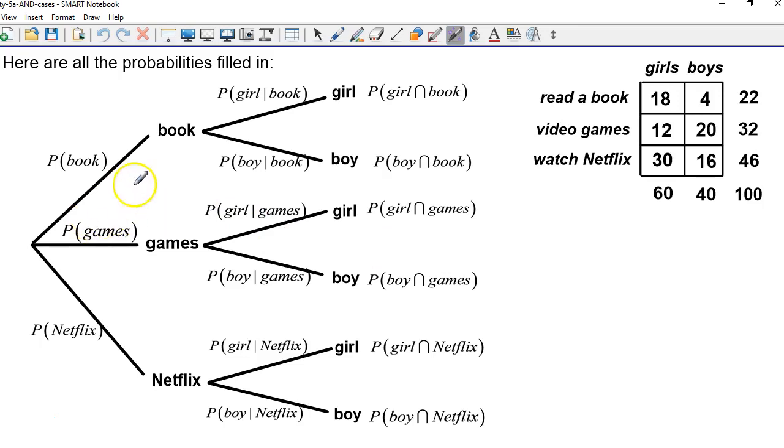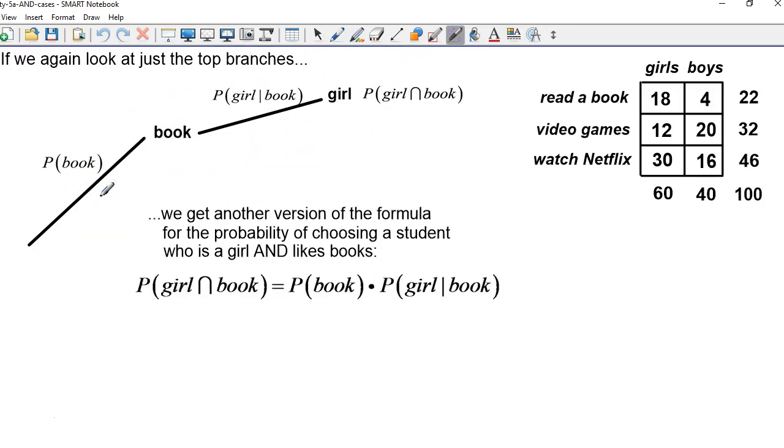But what I'm going to do is focus just on the top branch here to help me build the formula. The first probability would be the probability of book, and the second probability would be the probability of being a girl given that you liked reading books, and then the last probability would be the probability of girl and book again. So that gives us another formula for girl and book. It could be the probability of book times the probability of girl given book.